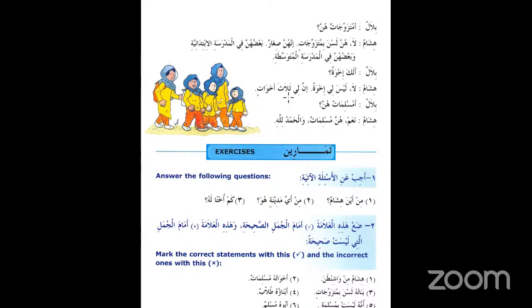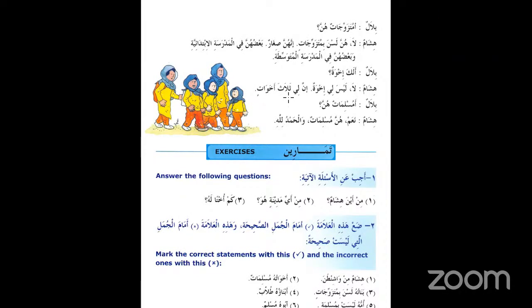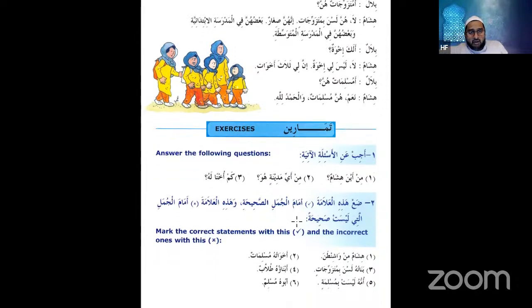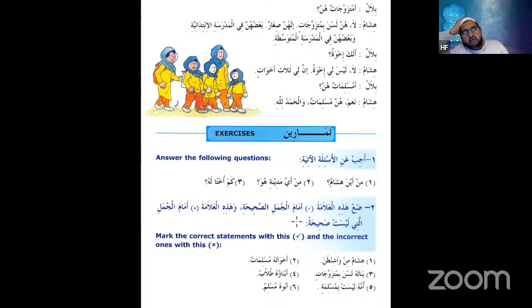So you need to say إنه له. إنه له 3 أخوات. Correct. It will be innahu and lahu both, or inna lahu. So if you say inna, you can say inna lahu, or you can say innahu for surely he.